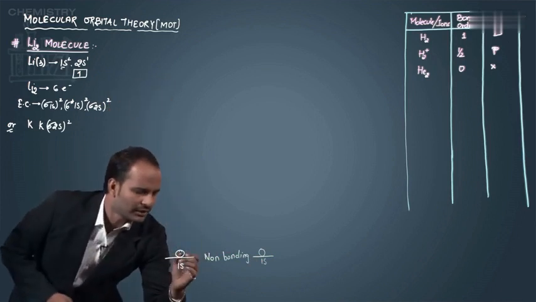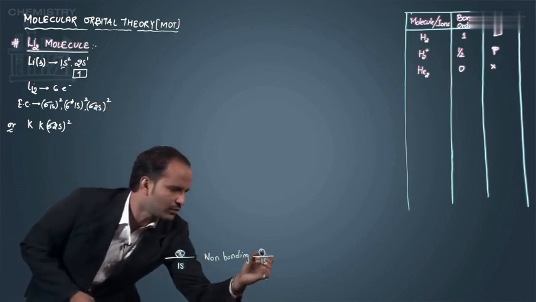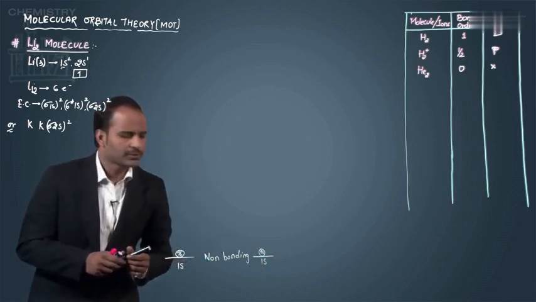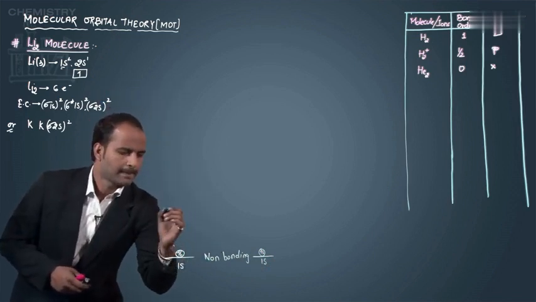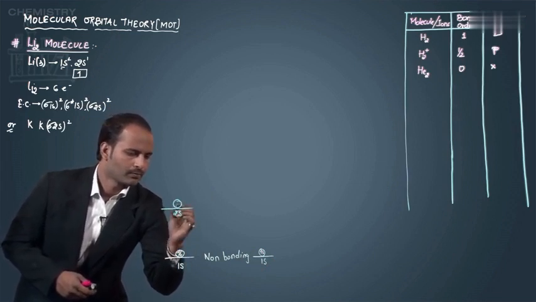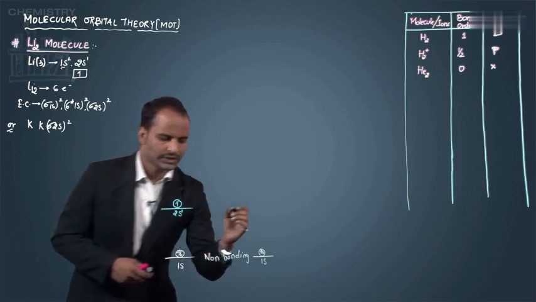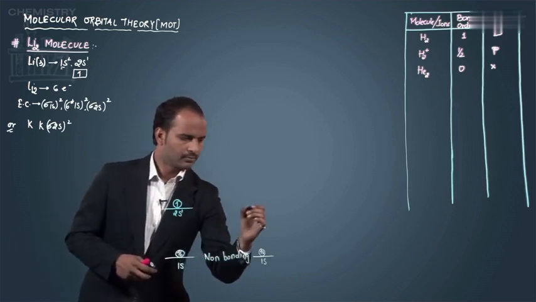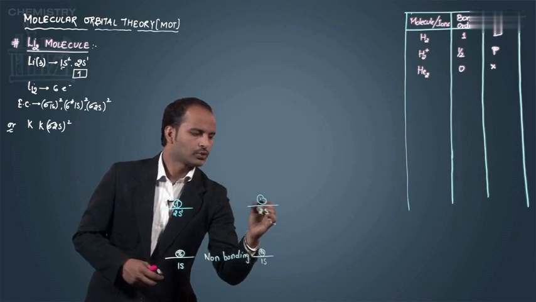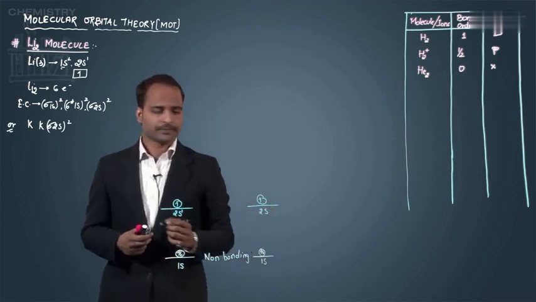The 1s is completely filled, with 2 electrons in the 1s orbital. In the 2s orbital, here also 2s, we have 1 electron.